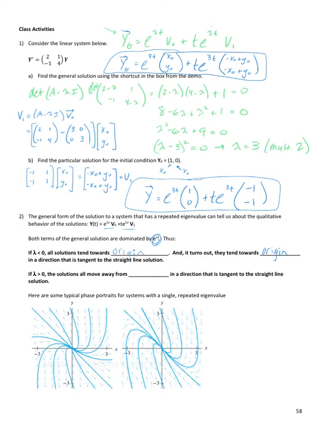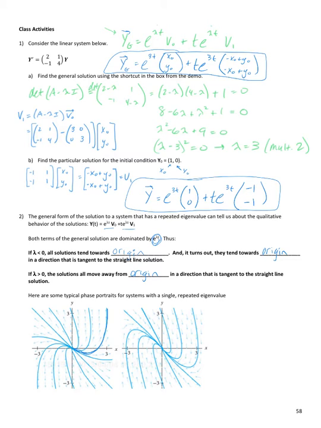And if lambda is positive, the solutions all move away from the origin. Everything is growing exponentially in a direction that is, again, tangent to the straight line solution. So these are some typical phase portraits. Tangent to the straight line solution as it leaves the origin.